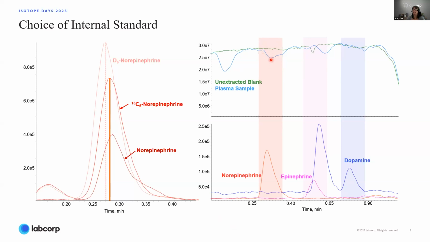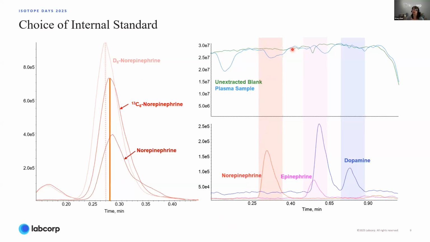And let's say we use the deuterated internal standard. What would happen there? So if you can imagine taking this piece over here and this being your analyte, you're probably going to be right around here, right? So it would experience less matrix effects than your analyte.